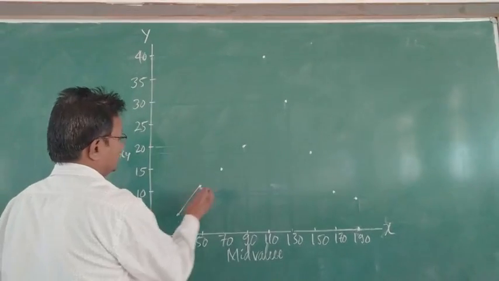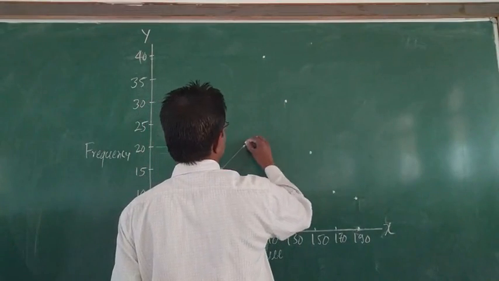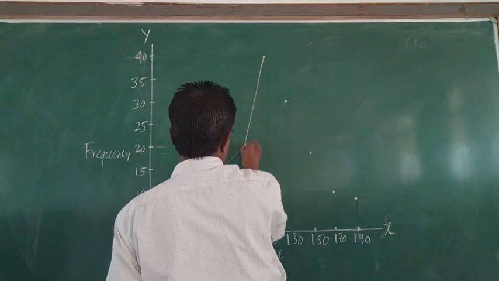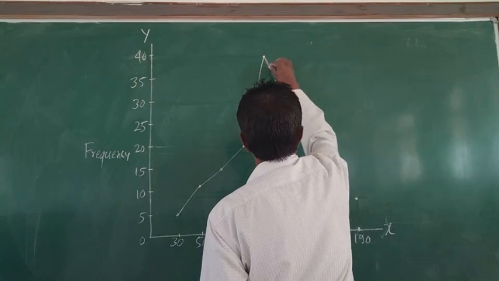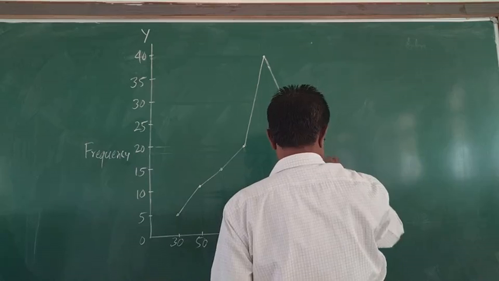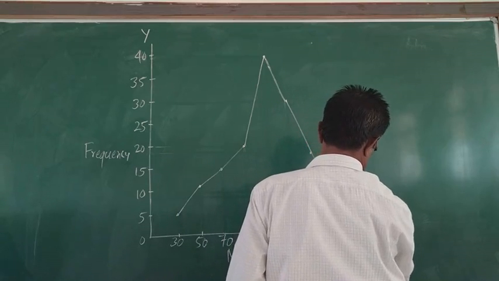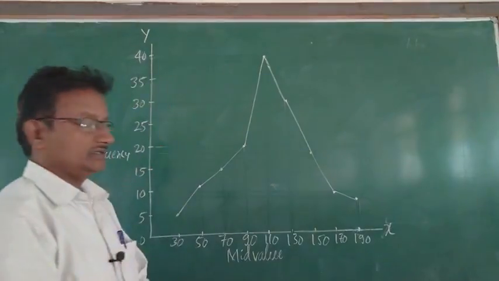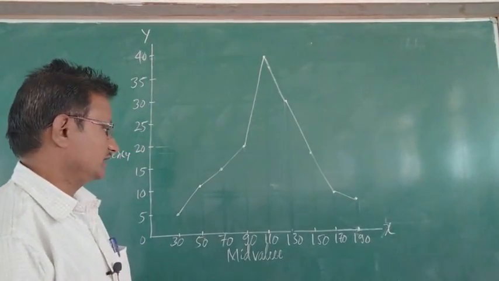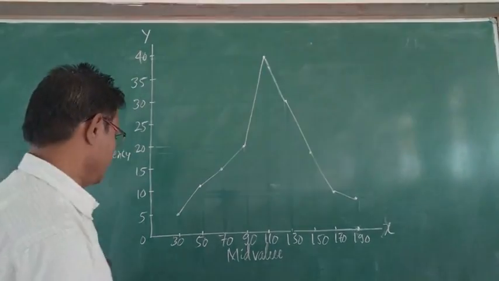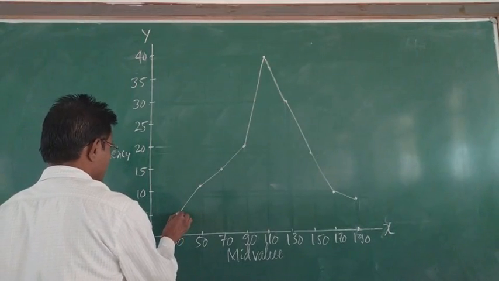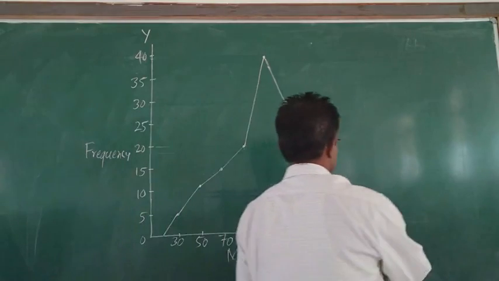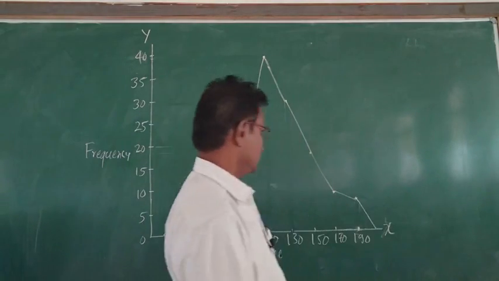So these points are joined by straight lines, and these lines have to be extended to zero frequency at the next mid value on each side.